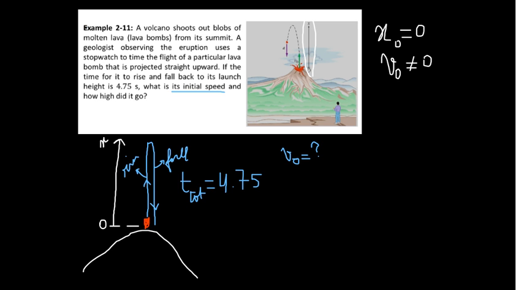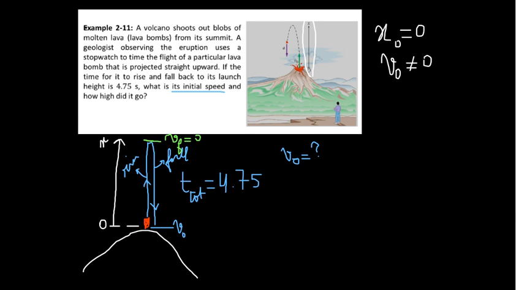It goes from v0, with a certain initial speed, it goes up, and then it falls. In order for it to fall down, it has reached a certain speed at this point. If we call this v final, what is the v final in this case? Well, it's 0, because obviously it has stopped, and then it falls back.